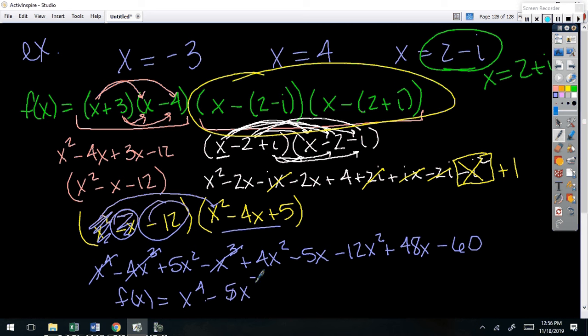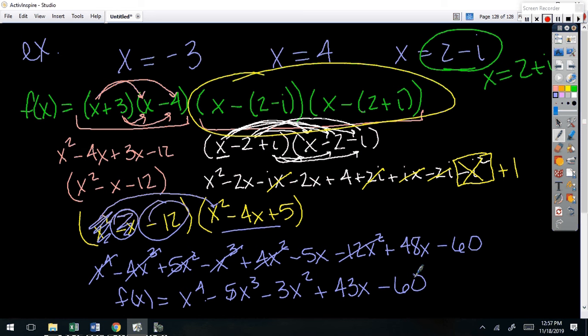I'm just gathering the like terms. 5 plus 4... no, 5. 9 minus 12 is negative 3. Negative 5 and 48 would be 43. That was a lot of work, but do you agree that the work itself is not that hard? It's just long and tedious.